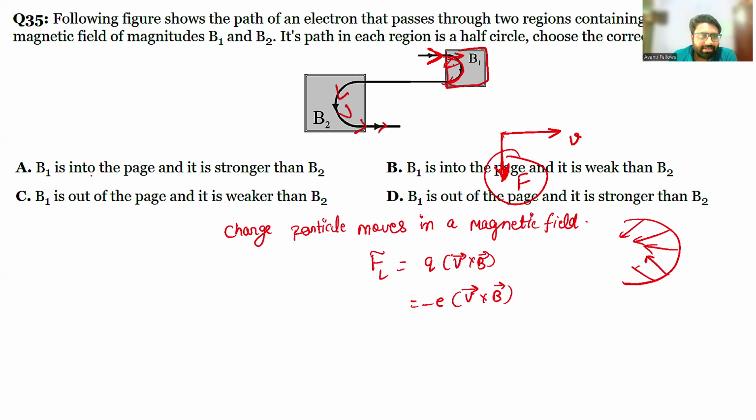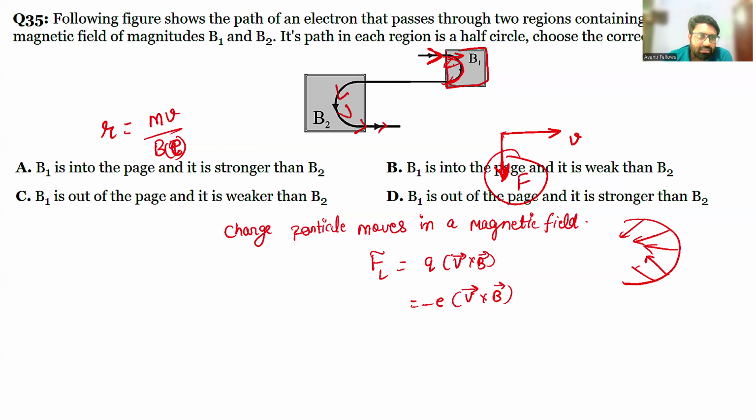We know that the radius of the circular track that the electron will make is mv upon Bq. It is given by mv upon Bq. In this case, this force is for a normal charge, but since this is an electron, the force will be in the opposite direction. For an inward field, if the field is outward, then you curl the finger and the force is pointing downward.